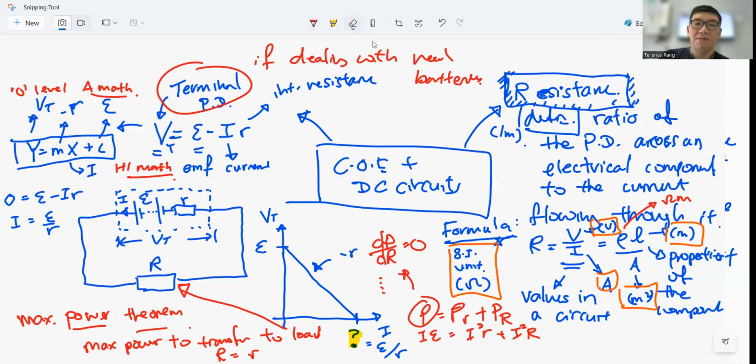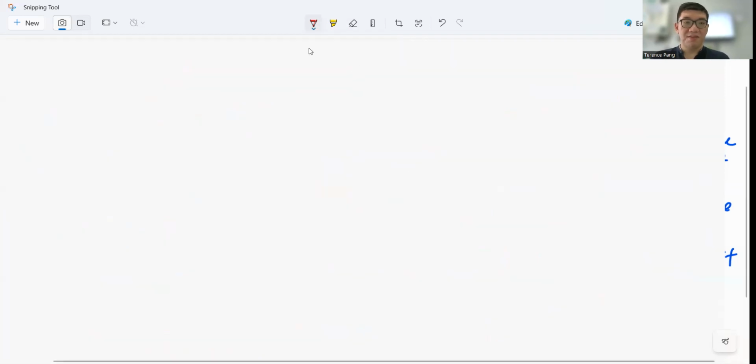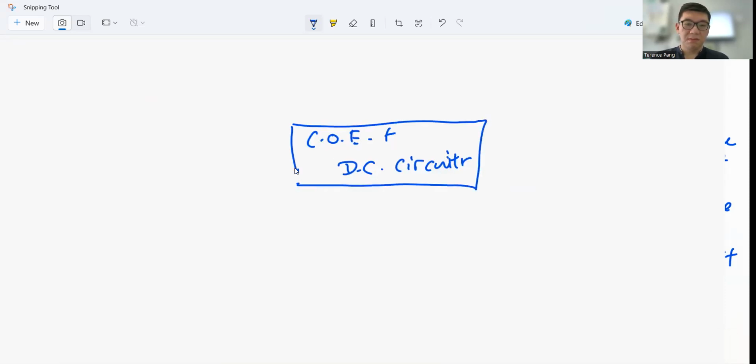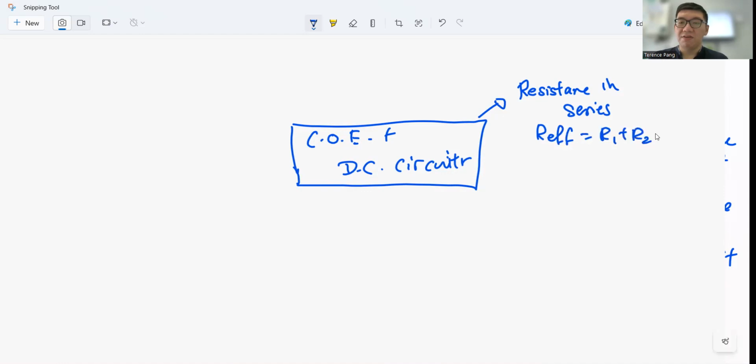Okay, so moving on to DC circuits. We're still dealing with this mind map. Again, resistance. You can have resistance in series, which is your R effective equal to R1 plus R2 dot dot dot.